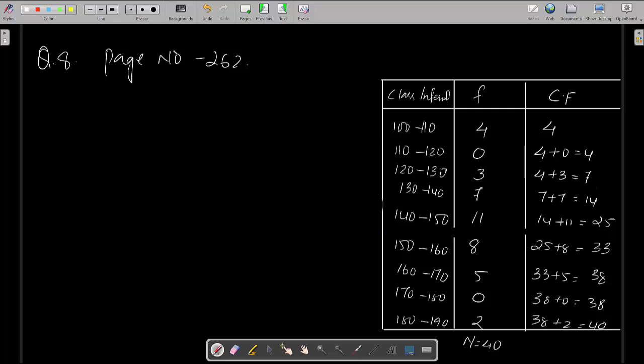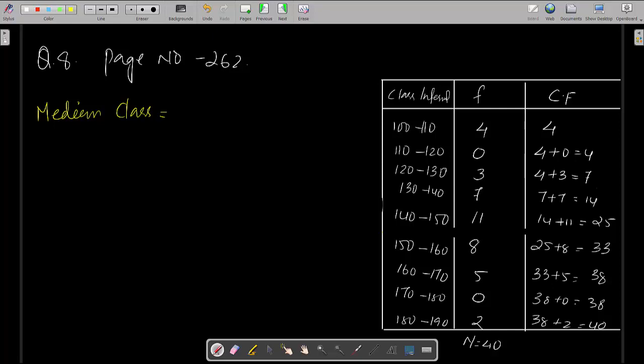Okay, so here for median, we have to first find out the median class. For median of a discrete series, the one we calculated in the previous video, I wrote the median class as size of n plus 1 by 2.